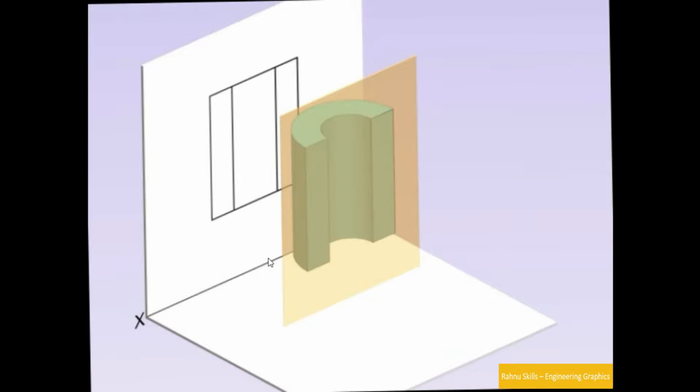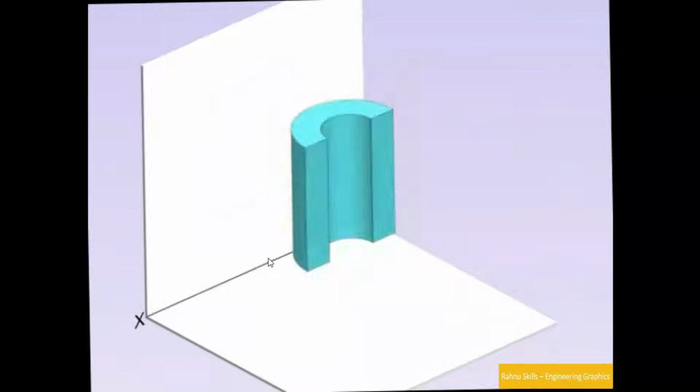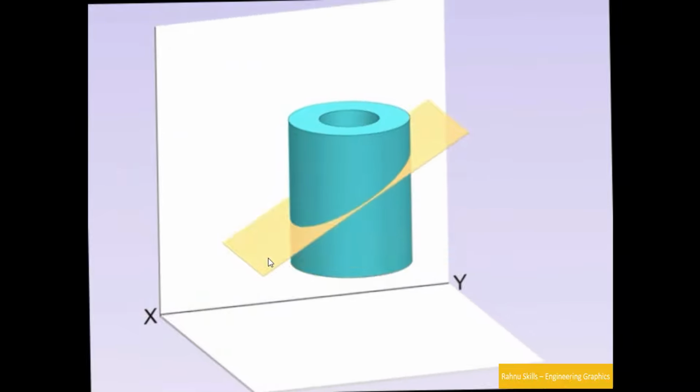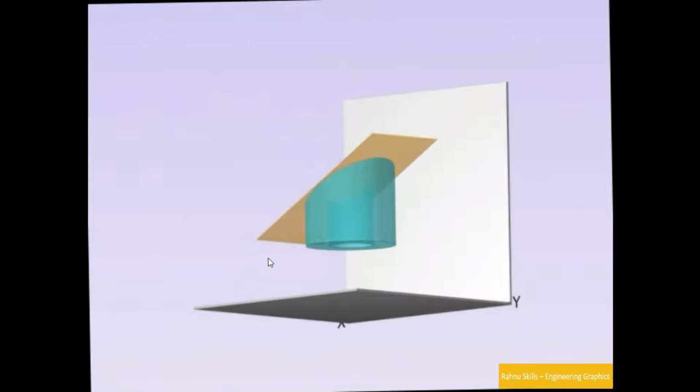Now the internal shape is more clear in front view. Inclined sectioning is done when the object has a very complex shape which is not possible to be shown in VP or HP. Then we need oblique planes. That is not our part of discussion. So in that case only we use oblique sectioning.